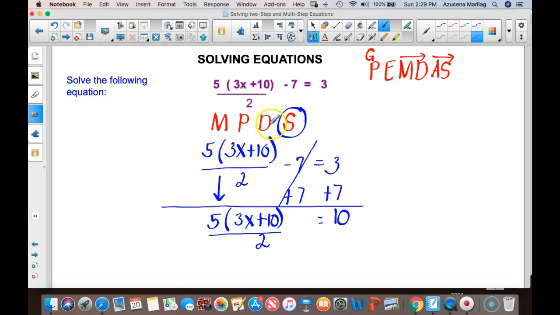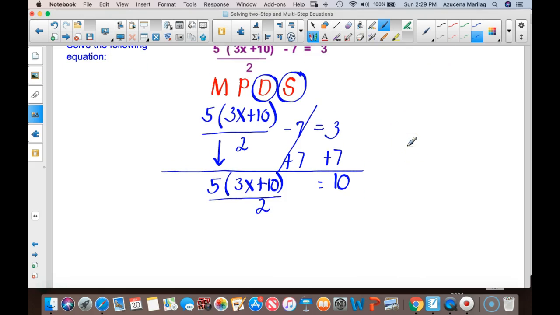The next operation I'm going to undo is the division operation. So what's the opposite of division? And yes, that is multiplication. What are we going to multiply by? So since it was divided by 2 in the equation, it means we're going to multiply by 2.